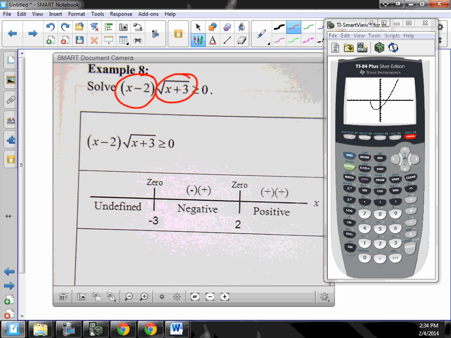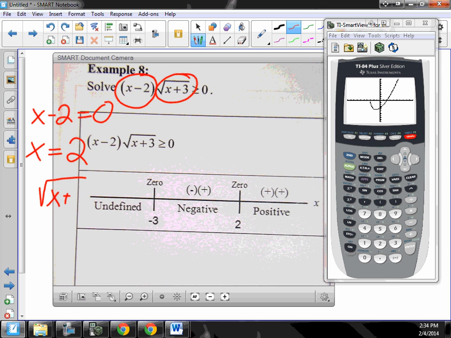So my roots are x minus 2 equals 0, so x is positive 2. Okay? And then the square root of x plus 3 equals 0. Well, how do I undo a square root? Square it.